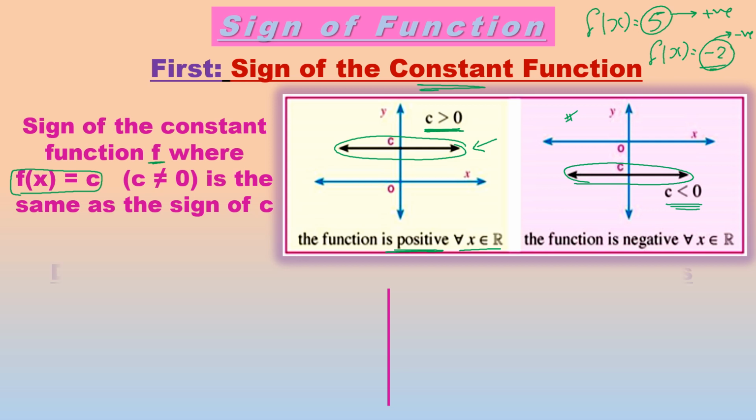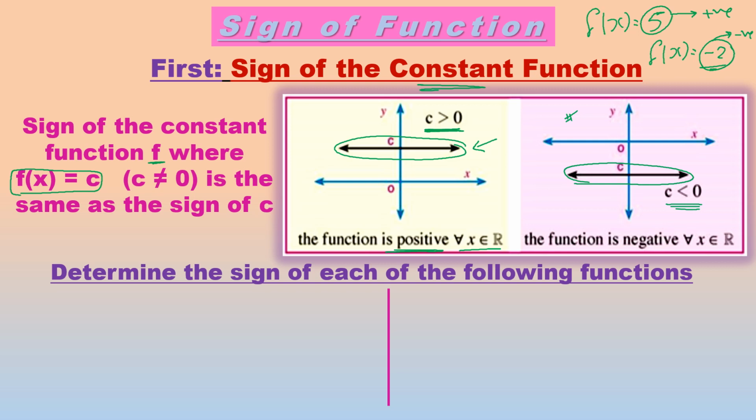For example, determine the sign of each of the following functions. F of x equals 5, as we said in the above example.